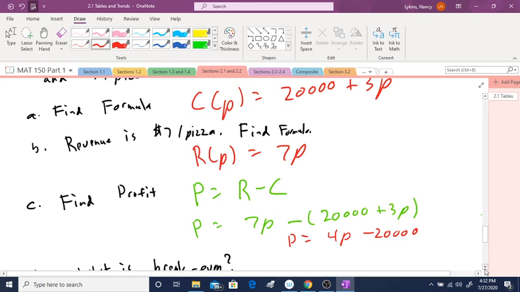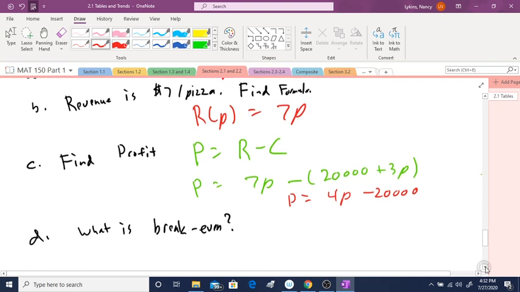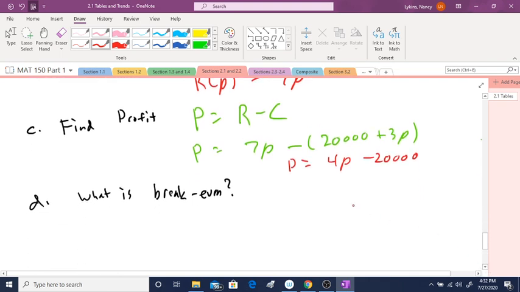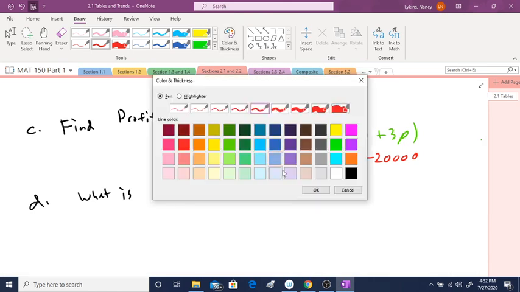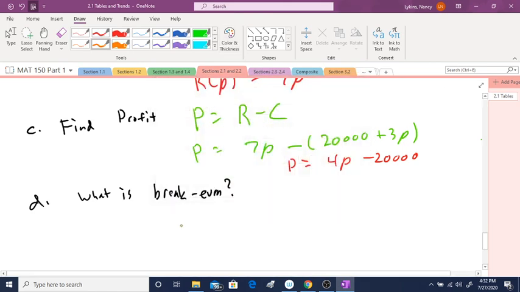So one question we always like to ask is, what is the break-even point? What happens when that $20,000 is erased? Well, that means we're going to have to sell pizzas, and we're making $4 per pizza. So what break-even means is that you don't lose any or gain any. So it's 0 equals 4P minus 20,000.